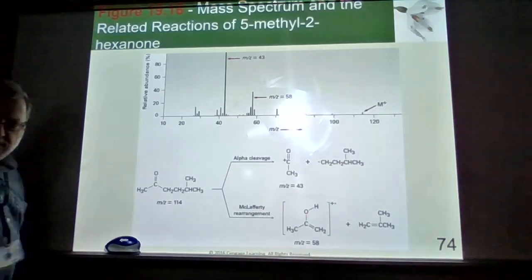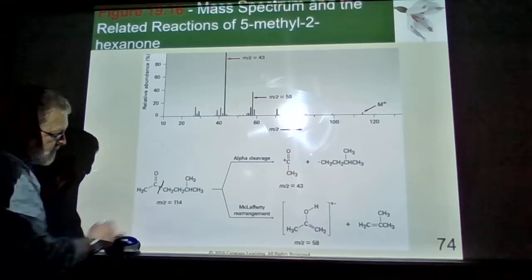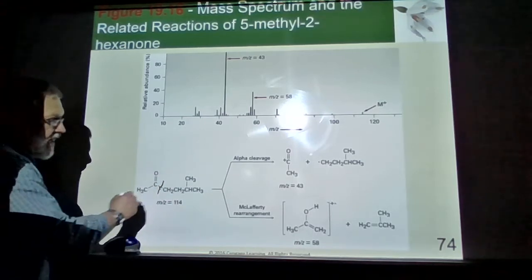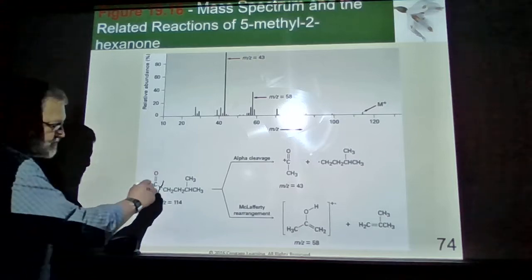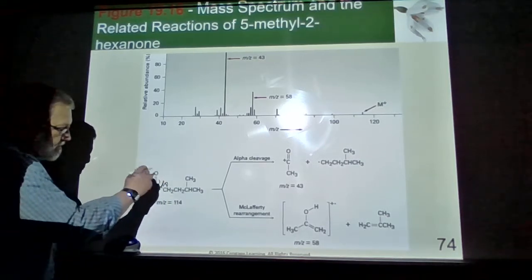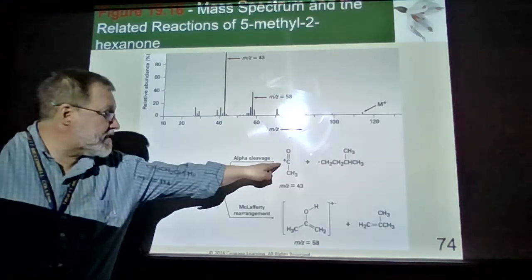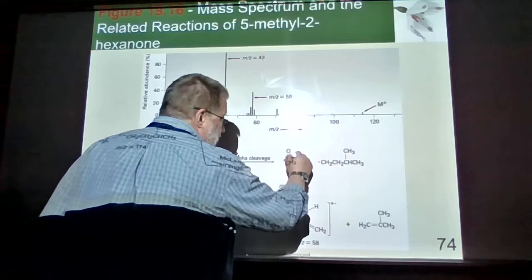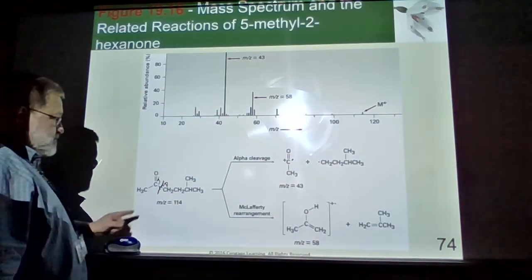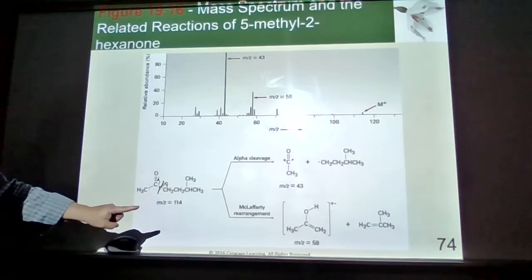If we undergo alpha cleavage right there, it breaks in a radical fashion. We can get this corresponding radical cation, and that stabilizes that radical right there.